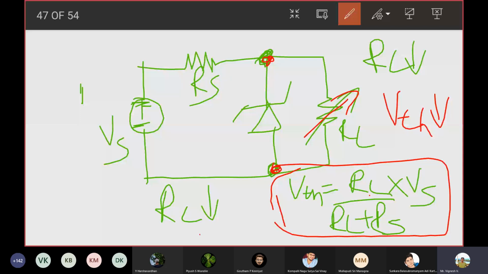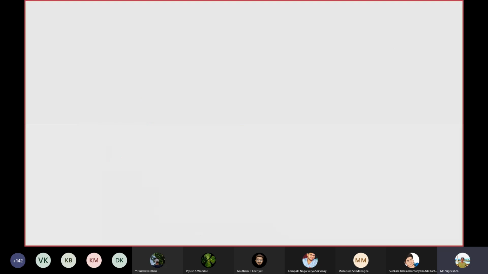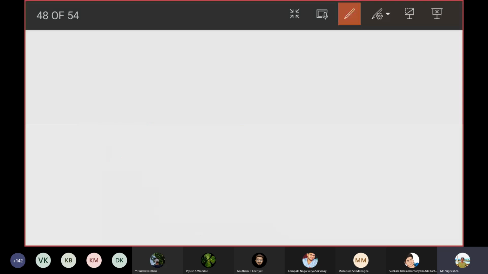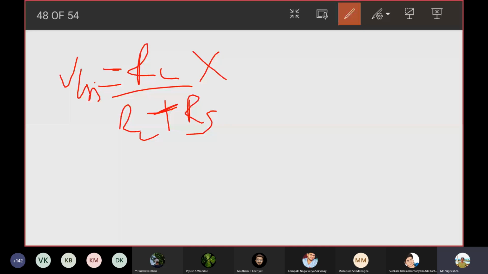VTH should at least be equal to VZ. So let me rewrite the equation. RL divided by RL plus RS, which is your VTH, times VS, this should at least be equal to VZ, right?